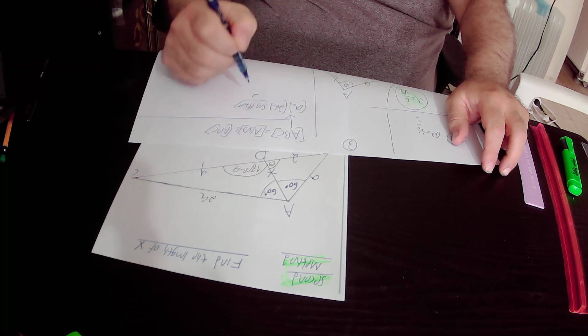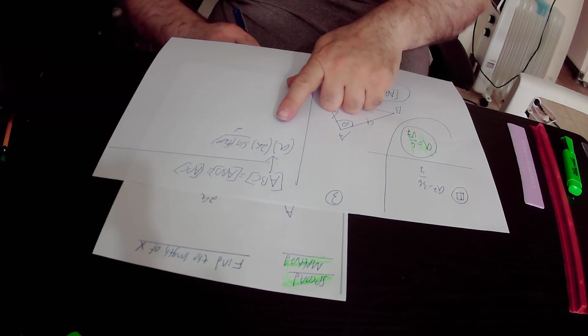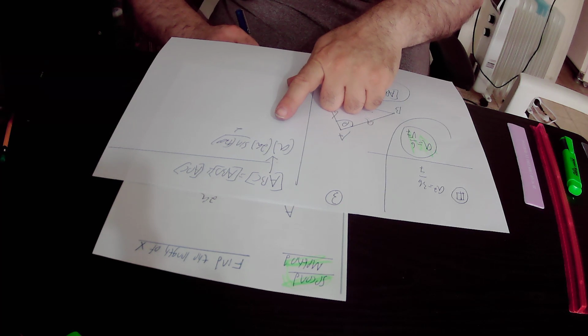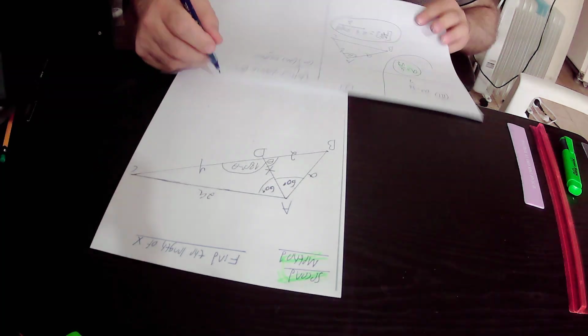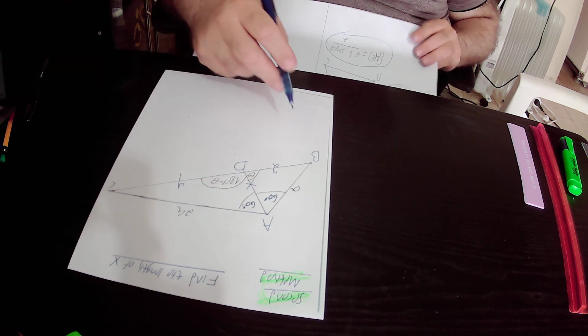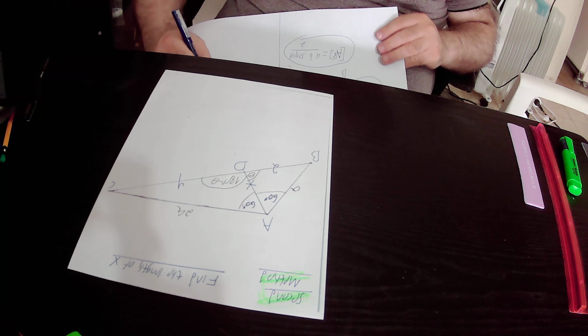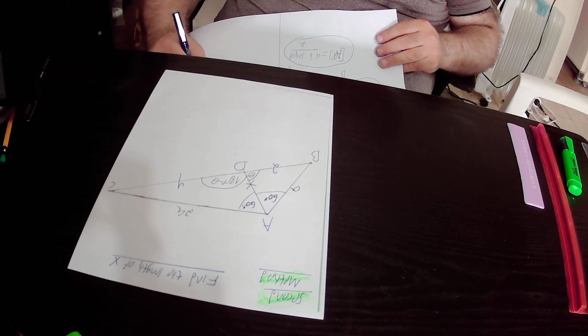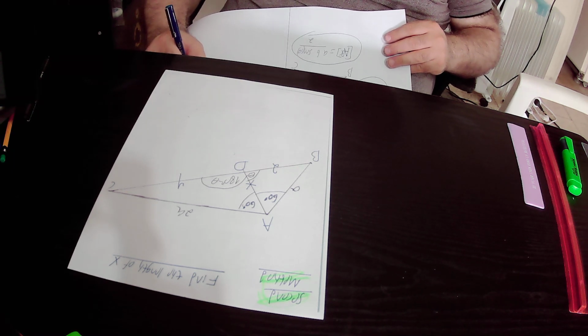I'll repeat again that according to the new formula, the area of triangle ABC will be equal to a times 2a times sine 120 degrees over 2. Likewise, the area of triangle ABD according to the new formula will be equal to a times x times sine 60 degrees over 2.